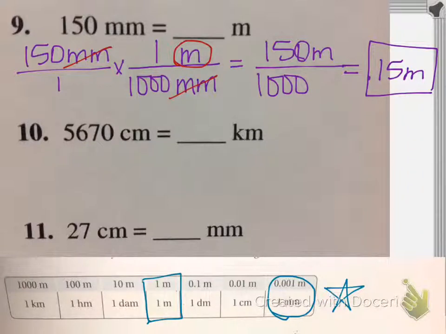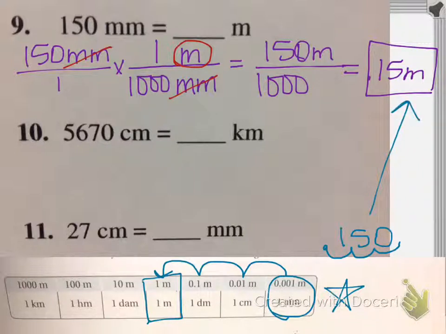I'm starting at the circle and I have to go 1, 2, 3 decimal places to the left. So if I take my original number of 150 and I take my decimal and I move it 1, 2, 3 decimal places to the left, I get the same thing that I got when I did my ratio conversions. I get 0.150, which is the same thing as 0.15.